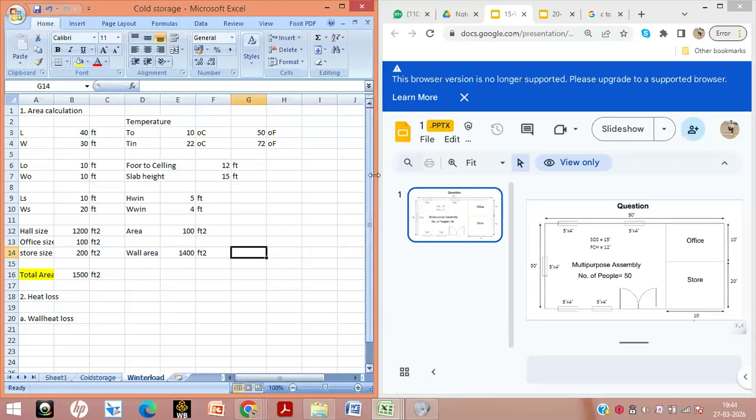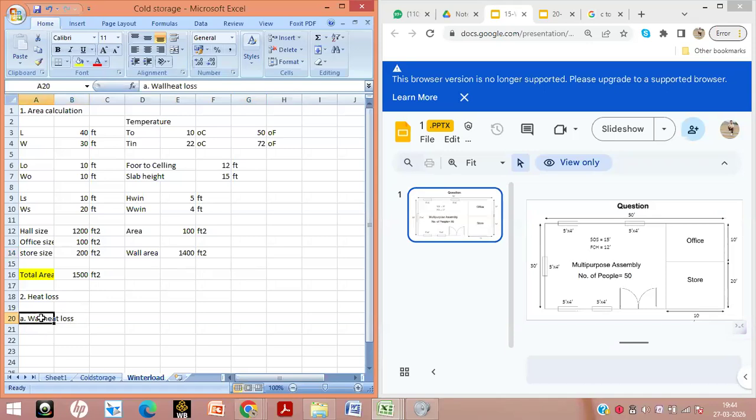So the complete wall area we got is 1400. Okay, so we have this correlation to calculate the heat loss. So wall heat loss we need to calculate.